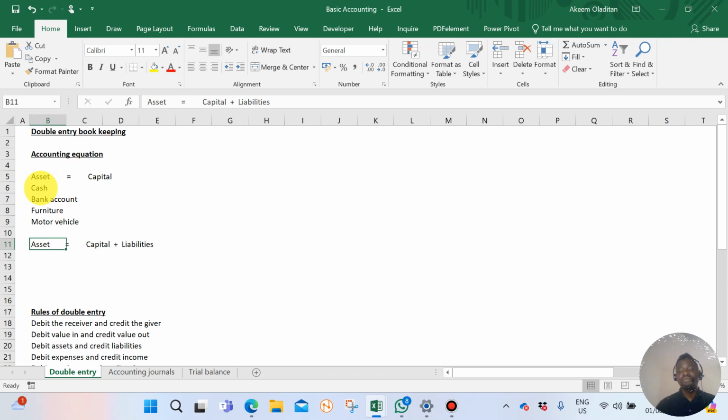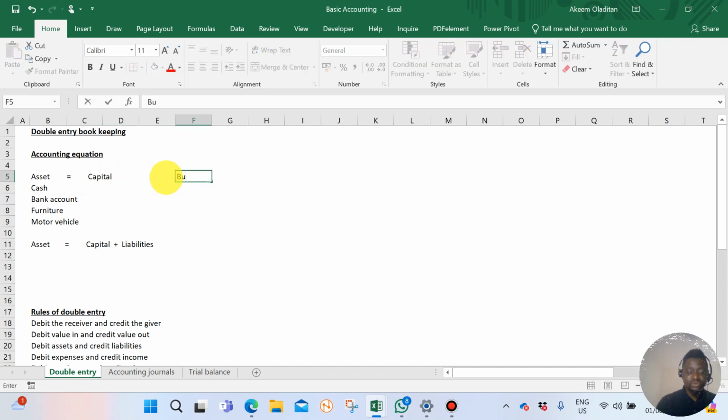In any business organization, let's assume the first scenario paints a picture of just the business owner running the business and providing capital.